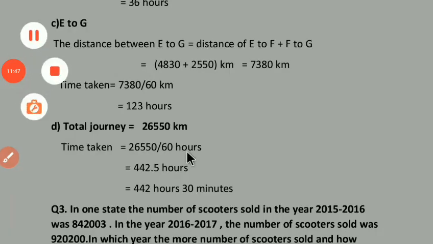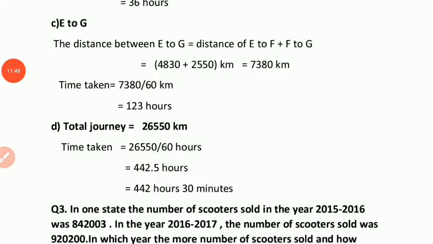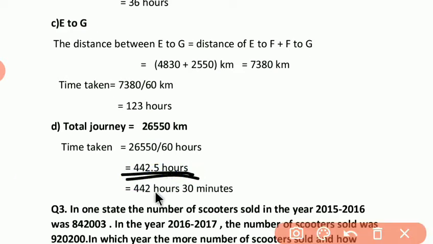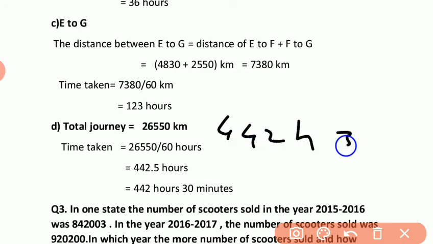So that is the distance covered by the bus in the total journey. So the time taken by the bus to cover the total journey is 26,550 upon 60 km per hour. If we divide this, we'll get 442.5 hours, or we can write it as 442 hours 30 minutes.